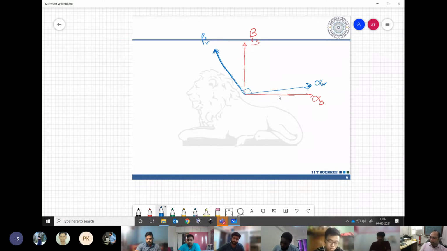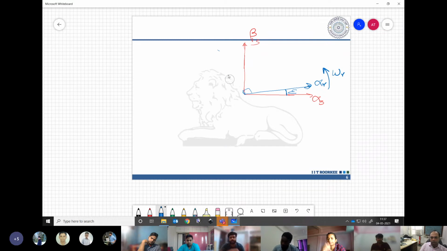Now the angle made by this is epsilon and this is rotating with omega R, asynchronous speed. Now we are talking about induction motor. Is that clear? Maybe I should reduce the angle between beta S and beta R. That is going a little bit more. Somewhere here it should be.